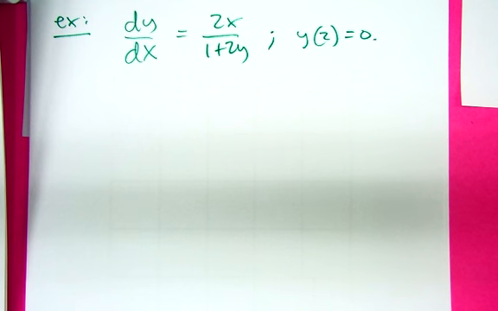Did you get that? Put 0 equals 4... It's close.